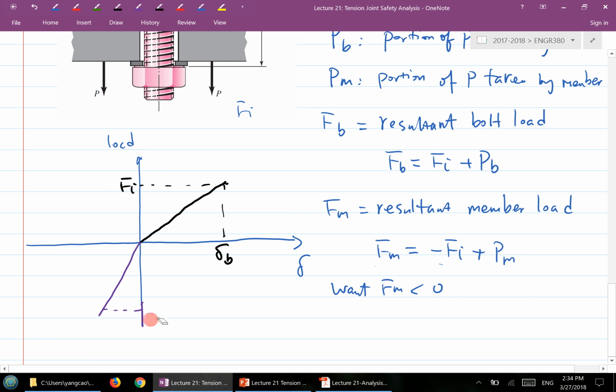Okay, and that additional force will cause an additional amount of deflection here. So how much additional deflection is caused here? So this portion, let's call it delta, is due to the Pb divided by the stiffness of the bolt, then you get the additional deflection.